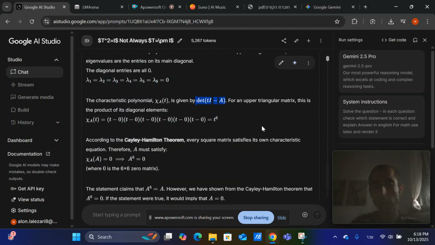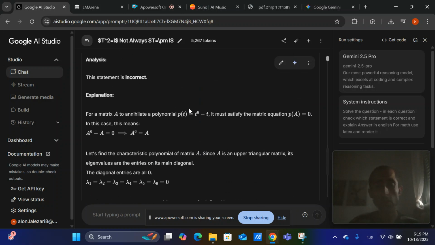After you calculate the determinant, you get t to the power of 6. Therefore, from the Cayley-Hamilton theorem, the matrix A annihilates its characteristic polynomial. So A to the power of 6 must be 0 by Cayley-Hamilton. So A to the power of 6 is 0.